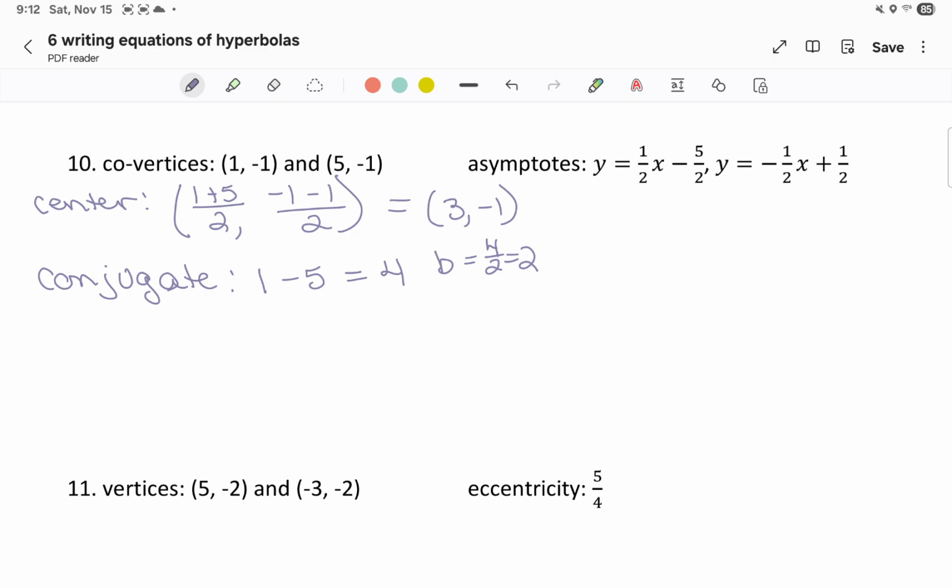So then if we look at our direction, we are moving in the x coordinates, but these are our covertices. So this means that we are vertical. So then when we look at our asymptotes, that equation is y equals a over b this time.